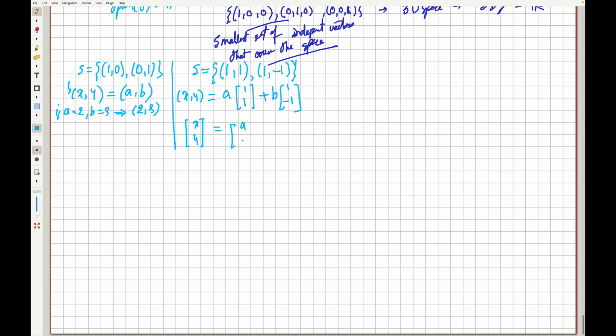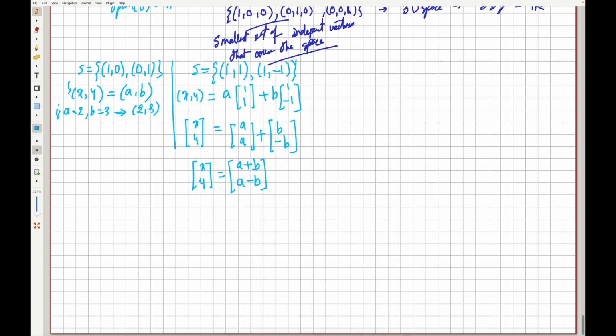So here we get a plus b in the top, and a minus b in the bottom. So here we have two equations: x is equal to a plus b, that's the first equation, and y is equal to a minus b, that's the second one.